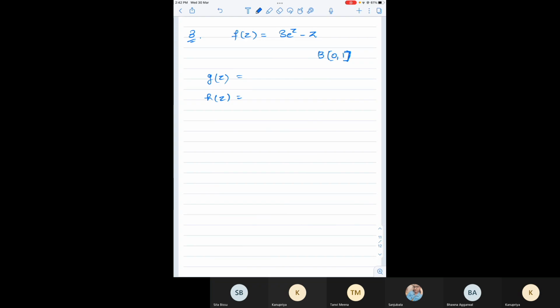This is very simple. You can choose g to be e raised to power z and h to be minus z. And you can see that f is g plus h. And mod of f(z) will be 1, which is less than 3, which is mod of g(z). Right? So f and g will have the same roots inside this ball.